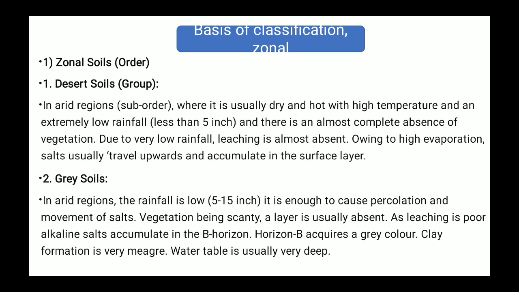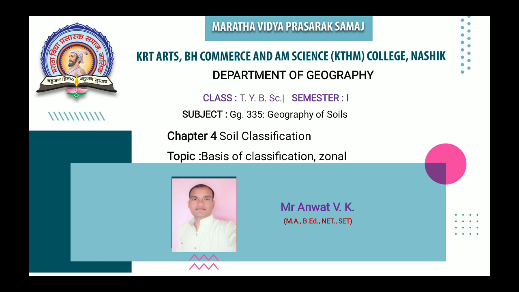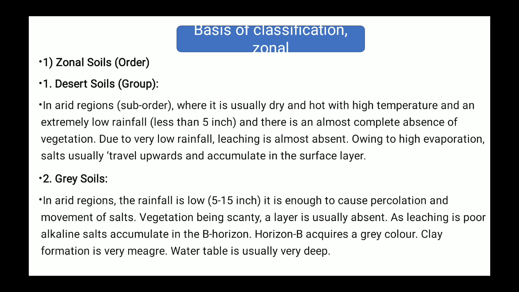Then grey soil. In the arid region, the rainfall is low, 5 to 15 inch. It's enough to cause percolation and movement of the salt. Vegetation is scanty and litter is usually absent. As leaching is poor, alkaline salt accumulates in the B horizon.